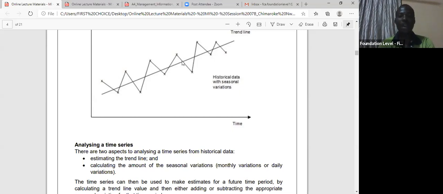Maybe here might be the end of a cycle. So it may have started somewhere around this point and ended somewhere around this. Or look at it, it started from here and goes up, down, maybe ends here, one cycle. If you add all the variations, it should give you 0. That is what we are saying.